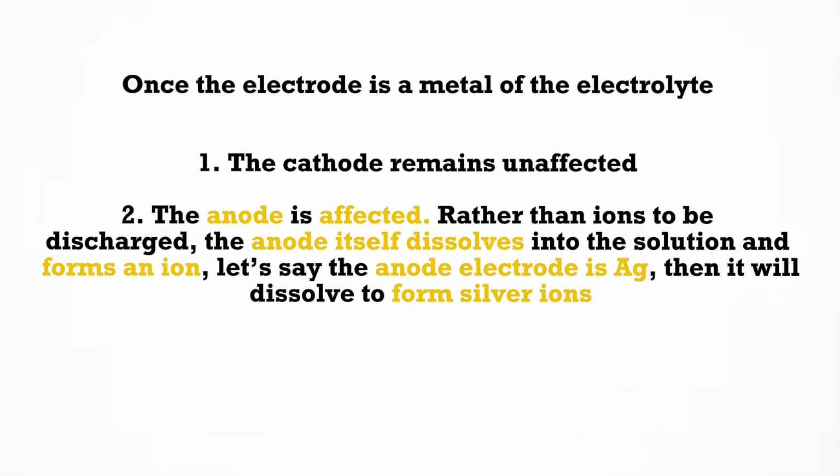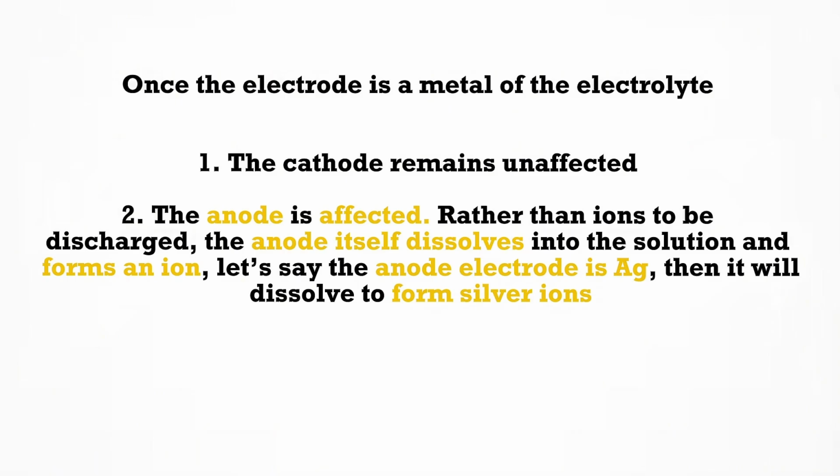Hence, you're going to have an extra ion at the anode. And remember, silver is electropositive, so the silver electrode will dissolve to form another cation. This cation will not be deposited at the anode. Rather, because it's positively charged, it will flow to the cathode where it will be deposited. So at the anode, what will be deposited if the metal of the electrolyte is used?